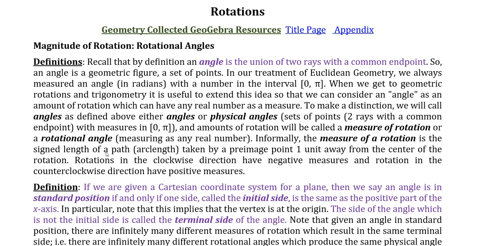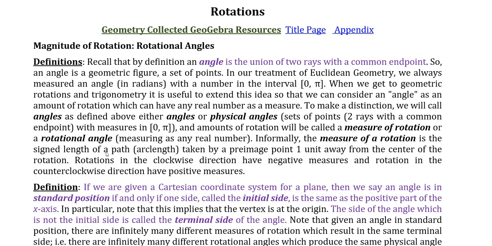And when we get to geometric rotations, and in a trigonometry class, and pre-calculus and calculus and so forth, it's useful to extend this idea so we can consider an angle as an amount of rotation, which can have any real numbers to measure. Now that's really two different things. It's more like a different way of measuring angles versus the actual physical set of points, or at least idealized set of points.